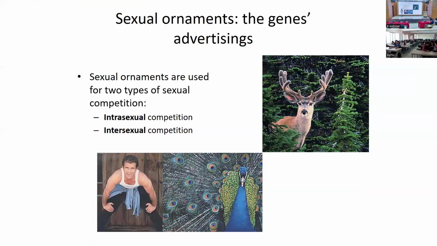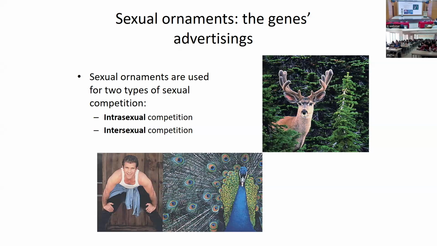It means that some ornaments are important to compete male to male, female to female. It's a kind of competition between the same gender. I'm not talking about homosexuality. I'm talking about general issues. I'm sorry, I forgot to tell you that I will deal mostly with heterosexual relationships, not homosexual relationships this time.